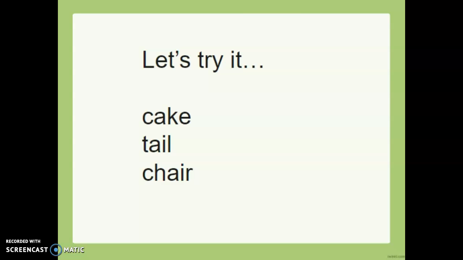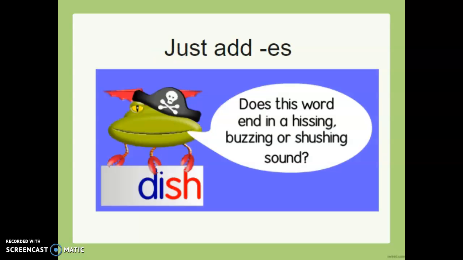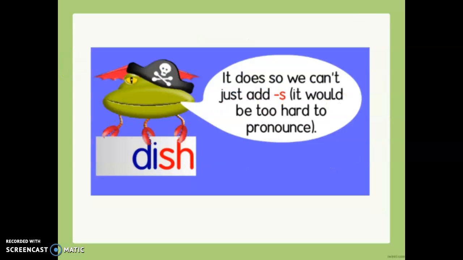Now, I'm going to explain when we need to add ES, because this is slightly different. Does this word end in a hissing, buzzing, or shushing sound? Dish has a sh sound, hasn't it? So this is where it becomes a bit different. We can't just add S. It would be too hard to pronounce.